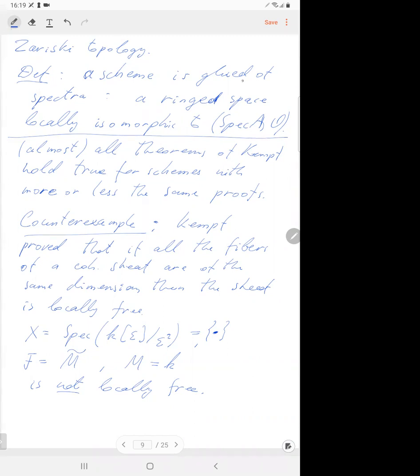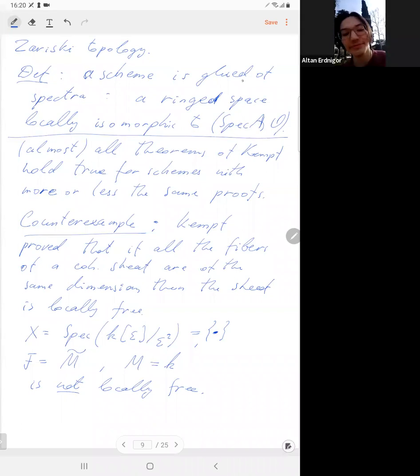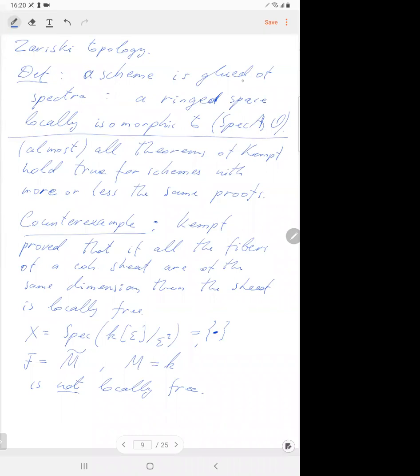So it'll be very important to consider varieties, but not over an algebraically closed field. But also many schemes are more general than that. They have nilpotents. Okay, thank you. Welcome.